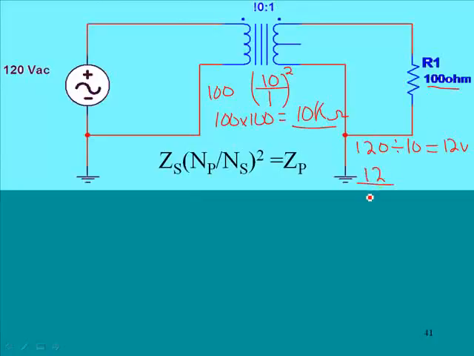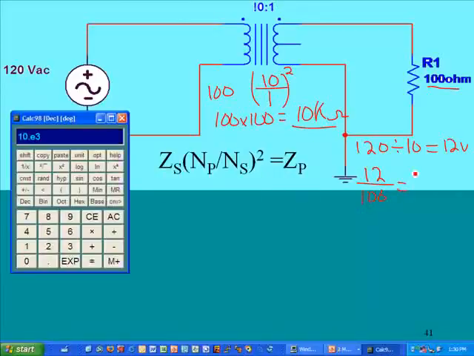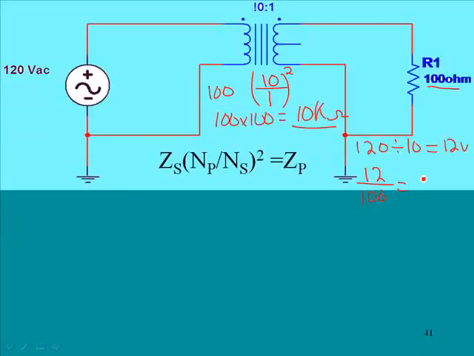We take 12 divided by 100, and let's see, do we have our calculator handy? If we say 12 divided by 100, we're going to get 120 milliamps of current. So we'll say 120 milliamps.